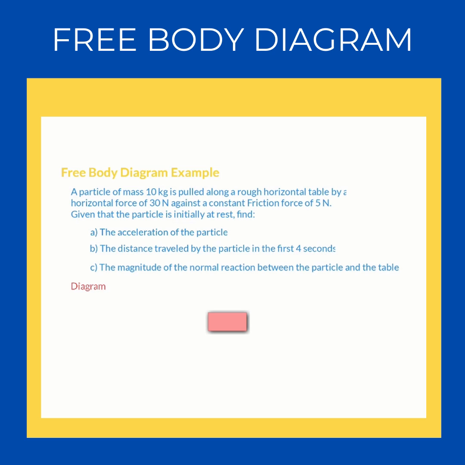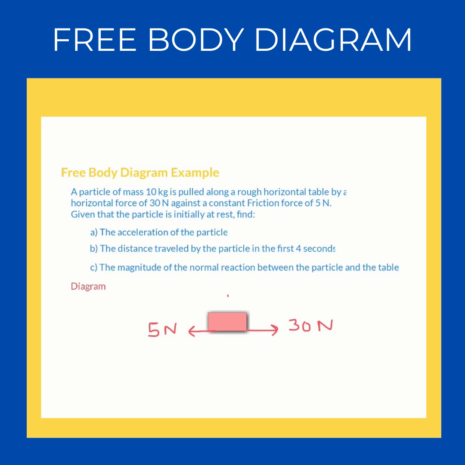Now, I know that my particle is being pulled by a force of 30 newtons. So this is my force of 30 newtons. And I have a frictional force of 5 newtons. The direction of the frictional force is always opposite to the direction of motion, or to the horizontal force, so my frictional force will act to the left and the magnitude is 5 newtons.